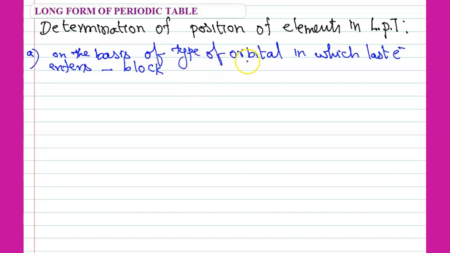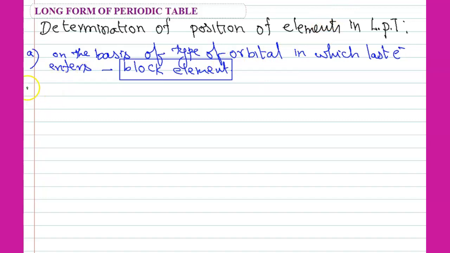Suppose if the last electron enters into the s orbital, that is s block. If the last electron enters into the p orbital, that is p block element. So we can find out the block of elements based on which orbital the last electron enters.